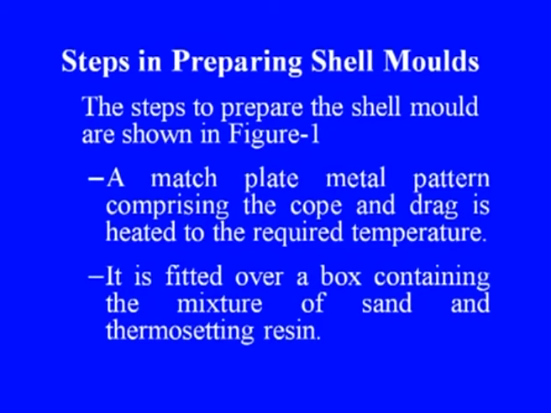It is then fitted over a box containing the mixture of sand and the thermosetting resin. Next, this box is inverted such that the sand resin mixture falls on the hot pattern. This cures a layer of the mixture to a certain extent and forms a hard shell.